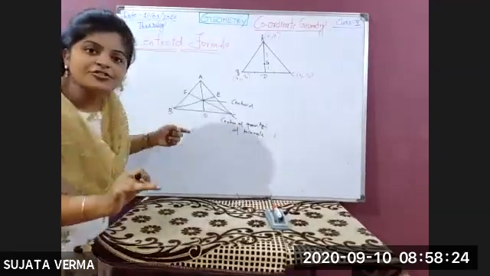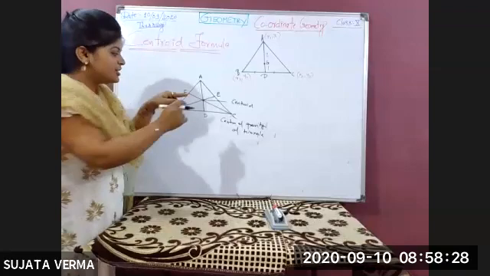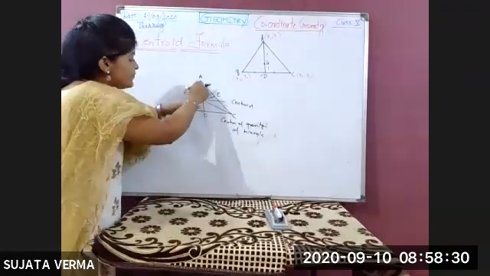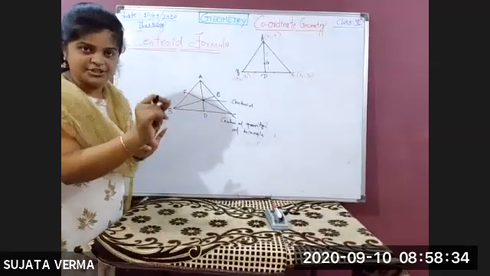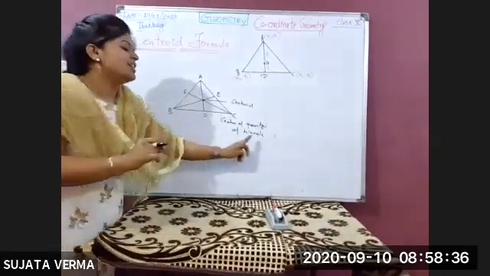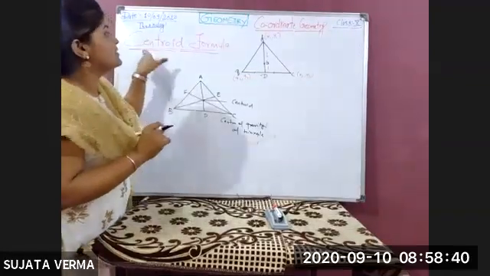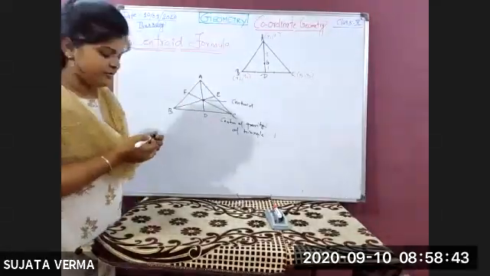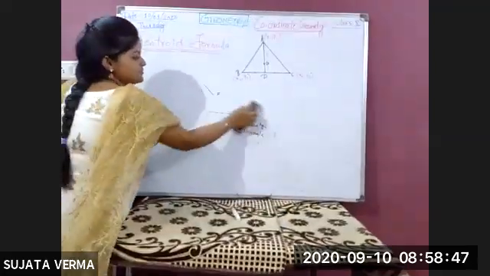What is meant by centroid? Centroid of a triangle is a point where three medians of a triangle meet, and it is also called the center of gravity of a triangle. So first we derive the centroid formula. So let's start. How to derive the centroid formula?